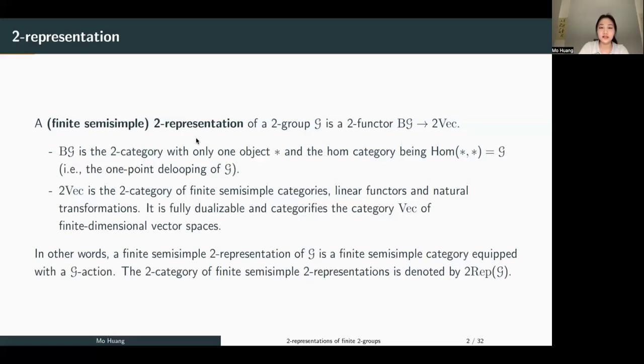It is fully dualizable and categorifies the category Vec of finite dimensional vector spaces. In other words, a finite semi-simple two representation of two group G is a finite semi-simple category equipped with a G action. And this two category consisting of finite semi-simple two representations is denoted by 2Rep G.